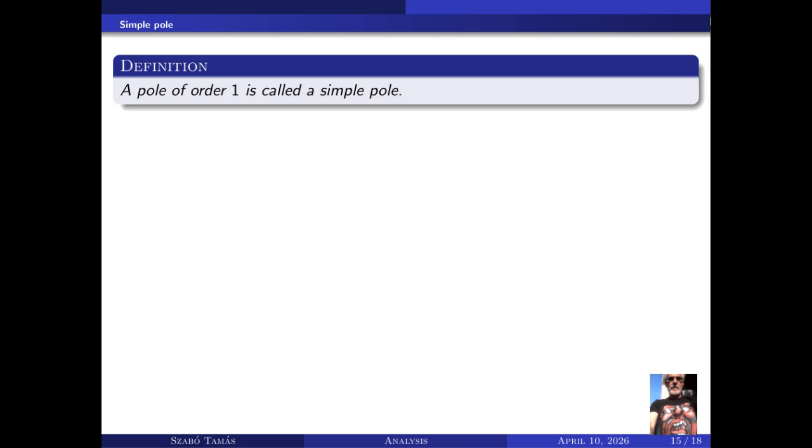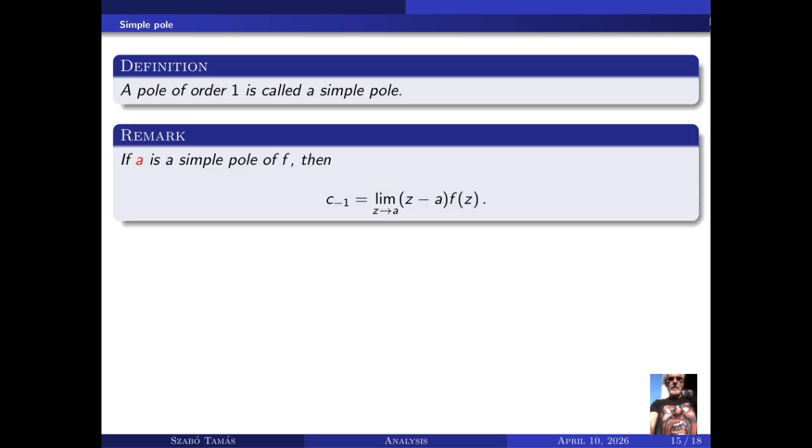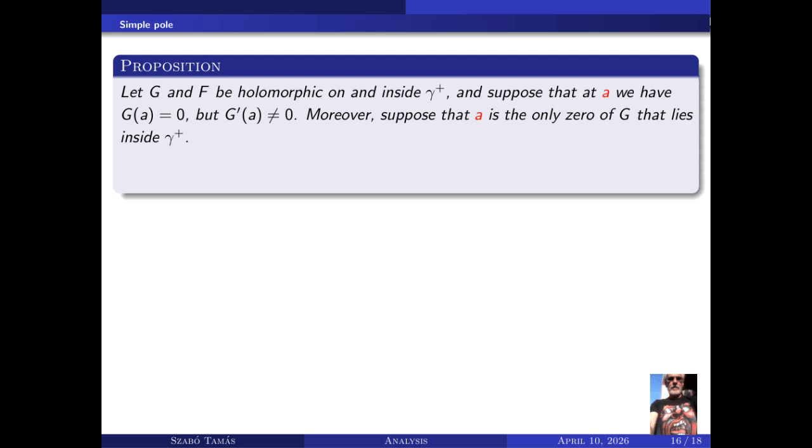Simple pole. A pole of order 1 is called a simple pole. If a is a simple pole of f, then c_{−1} equals the limit as z tends to a of (z − a) f(z). Now let g and f be holomorphic on and inside γ^+, and suppose that at the point a we have g(a) = 0, but g′(a) is not 0.